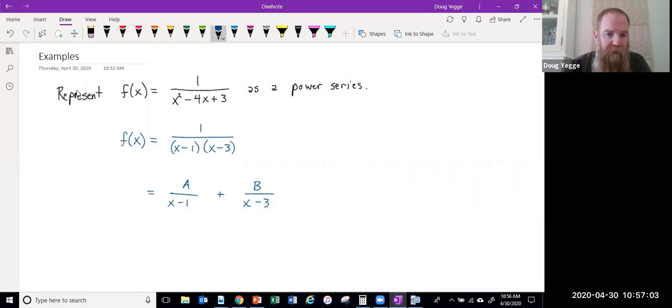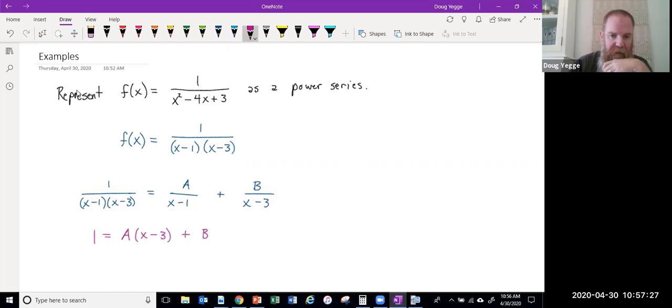So that's why we're going to set 1 over x minus 1 times x minus 3 equal to the decomposed fractions. That means that 1 is equal to a times x minus 3 plus b times x minus 1. And now we can solve by plugging in 1 and 3.